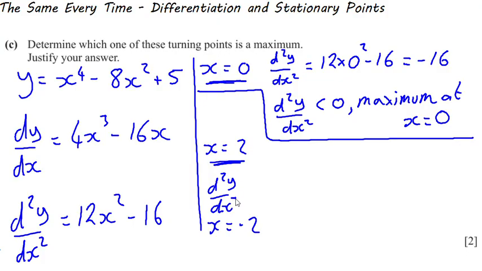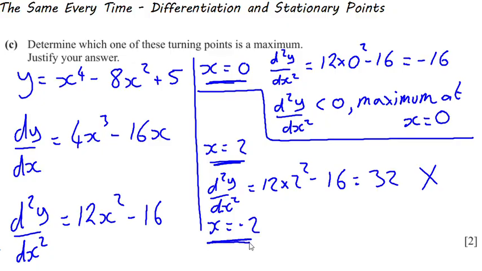d2y by dx2 is going to be 12 times 2 squared minus 16. 12 times 4, which is 48, minus 16 gives us 32. So that's a positive number, so no, that would be a minimum. And then when x is negative 2, my writing's getting a bit squashed up here, hopefully you can still follow it. On an exam paper you'd probably have a full page for this.